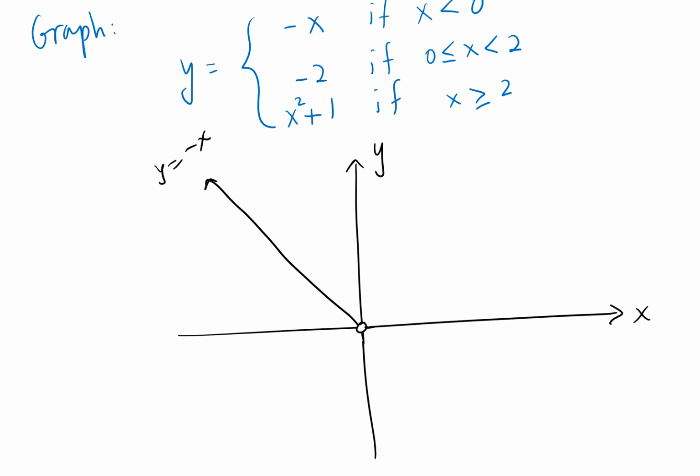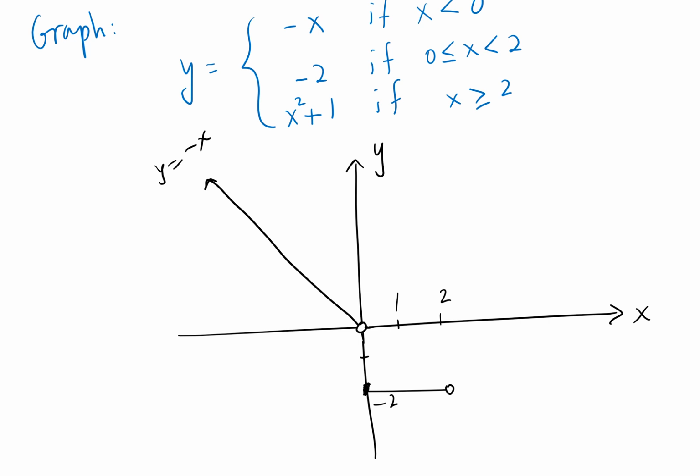Next one, y equals negative 2. This is y equals negative 2. But it says from exactly 0 to 2. 1, 2. Here. It's a horizontal line.